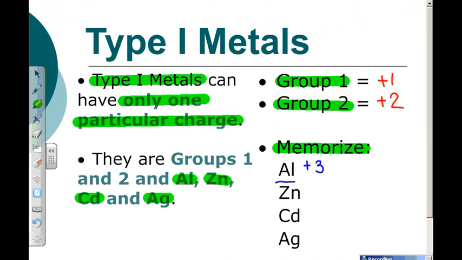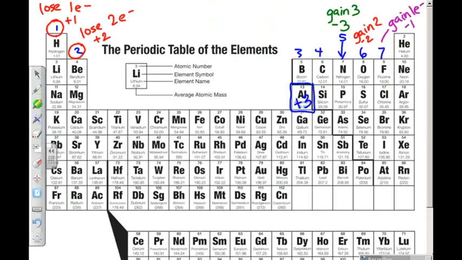Now we're ready to look at the others. The other 3 elements are zinc, cadmium, and silver. When you look on the periodic table, you find that these elements are all transition metals from the center part of the periodic table. These 3 transition metals can only ever have one particular charge. Notice how aluminum right here had a +3. Notice how zinc is 1 column over.